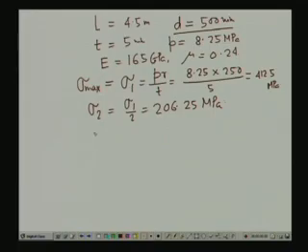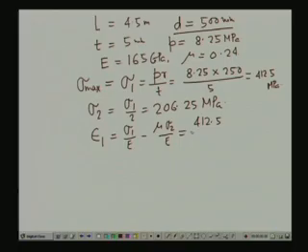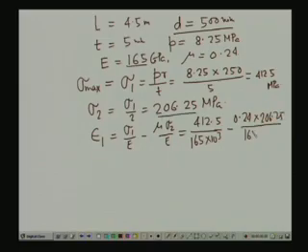Now, if we compute the strain epsilon 1, it is sigma 1 by E minus mu times sigma 2 by E. Sigma 1 is 412.5 MPa divided by E, which is 165 into 10 to the power 3 megapascal, minus 0.24 times 206.25 divided by 165 into 10 to the power 3, and this gives us a value of 2.2 into 10 to the power minus 3.